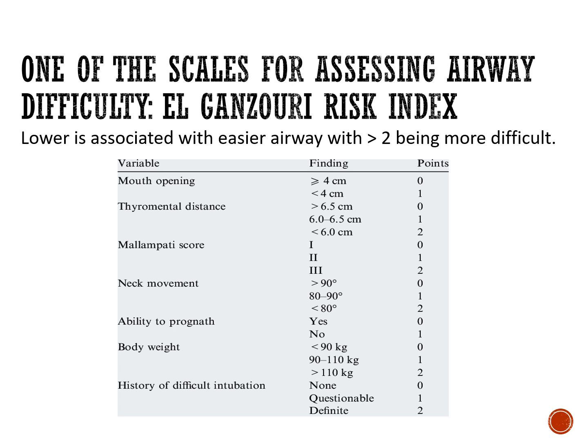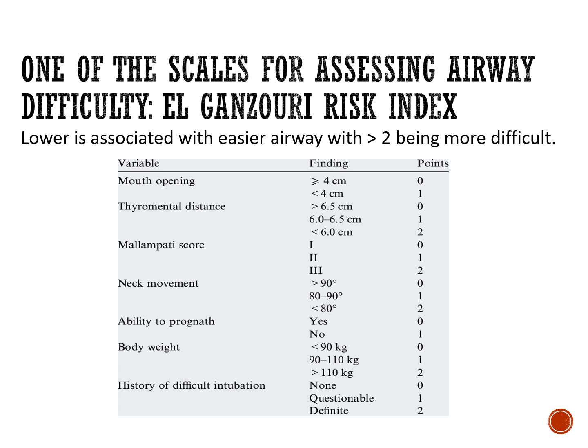They include mouth opening, thyromental distance, Mallampati score, and we have talked about Mallampati score previously, neck movement, ability to actually extend, if you will, the jaw, body weight, and history of difficult intubation.